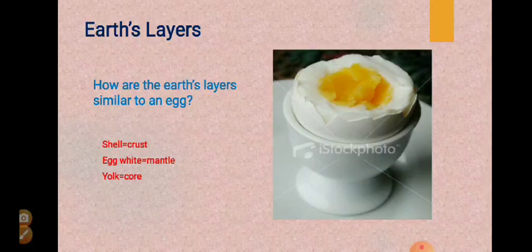For example, the layers are similar to an egg. The shell of the egg is like the crust, the white part of the egg is like the mantle, and the yellow yolk is like the core.